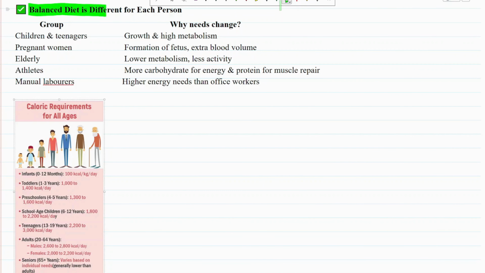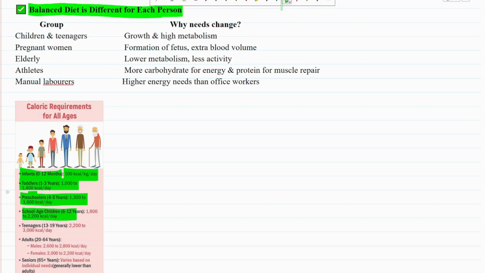A balanced diet is different for each person, as I mentioned in the beginning of this chapter. So let's see the diagram first. Here you can get an idea. Infants, 0 to 12 months, have a daily requirement of 100 kilocalories per kilogram per day. Toddlers, who are 1 to 3 years old, need 1000 to 1400 kilocalories per day. Preschoolers need this energy.